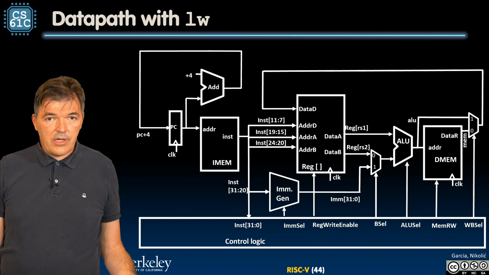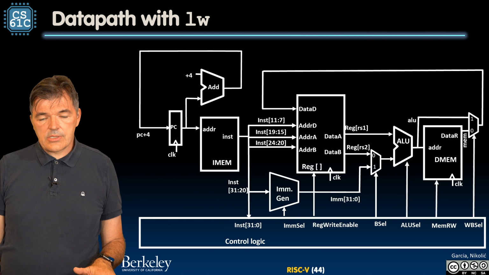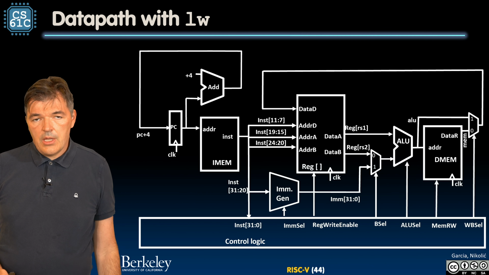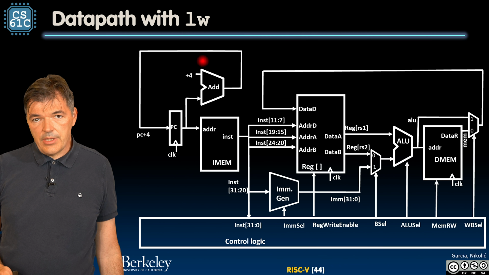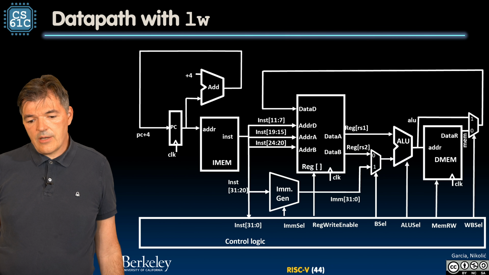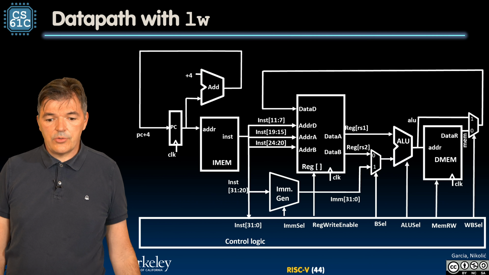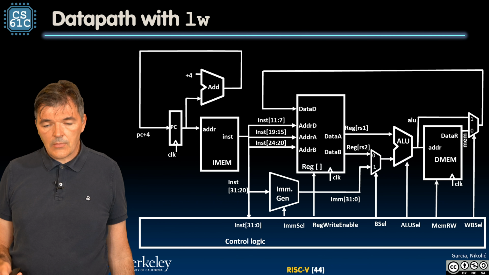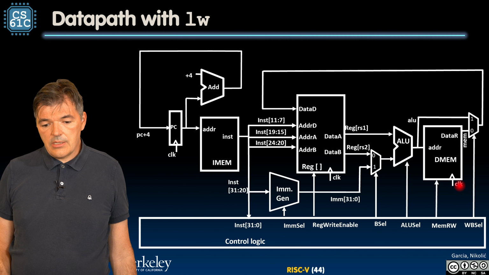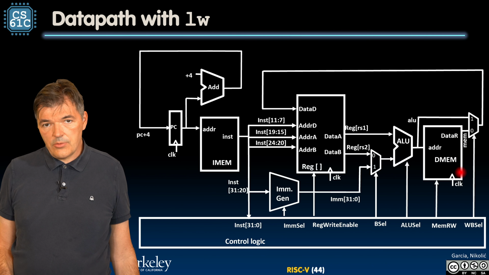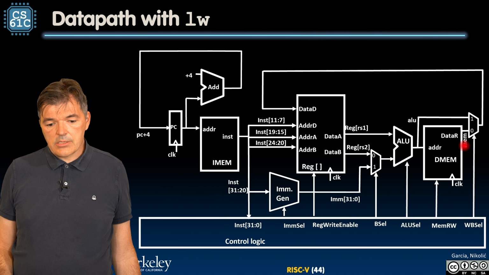What we have so far is the datapath that supports the loads. And in the loads, I'm just showing the datapath with LW. Load bytes and load half words need an additional multiplexer over here and a few logic gates, but I'm leaving them out to avoid too much complexity here. We have added the data memory that we're going to use to read the value from and store it back into the register file.